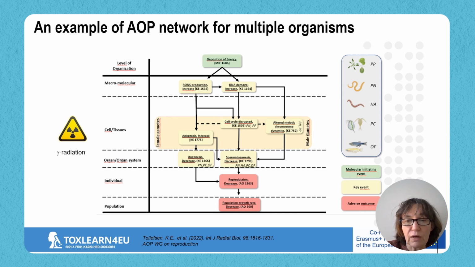We had some worms, including C. elegans and earthworm. We had Daphnia and some other smaller organisms, and we had higher organisms, the zebrafish mainly. We were able to get this pathway, and you see that for some levels we had to make a distinction between what happens for certain organisms and what happens for other organisms.